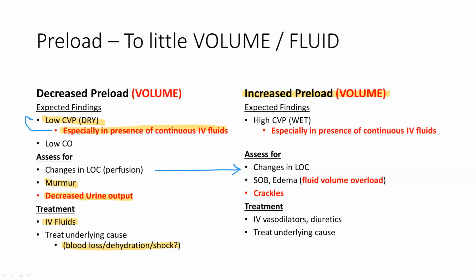So now you say I had a low CVP, and instead of saying I'm wet, we just say I have a high CVP. Or CVP, I think later on our normal numbers, you'll see it's 2 to 8. Sometimes you see in the books 2 to 6.